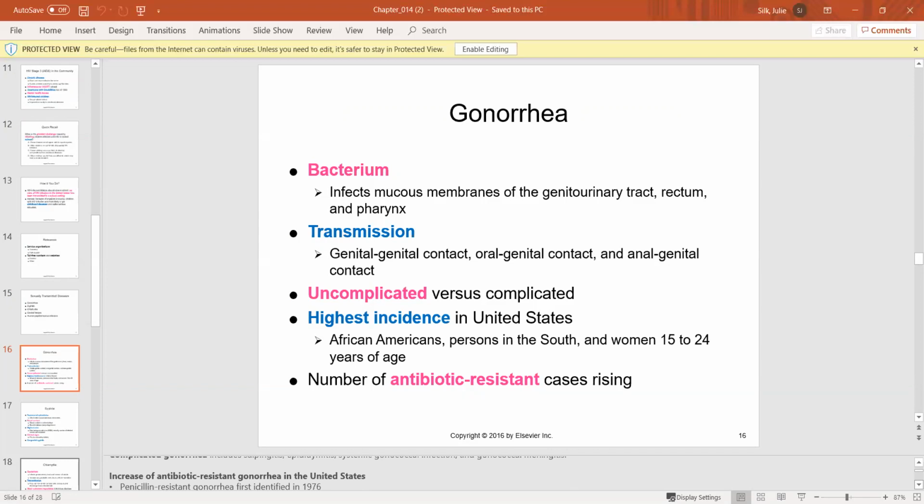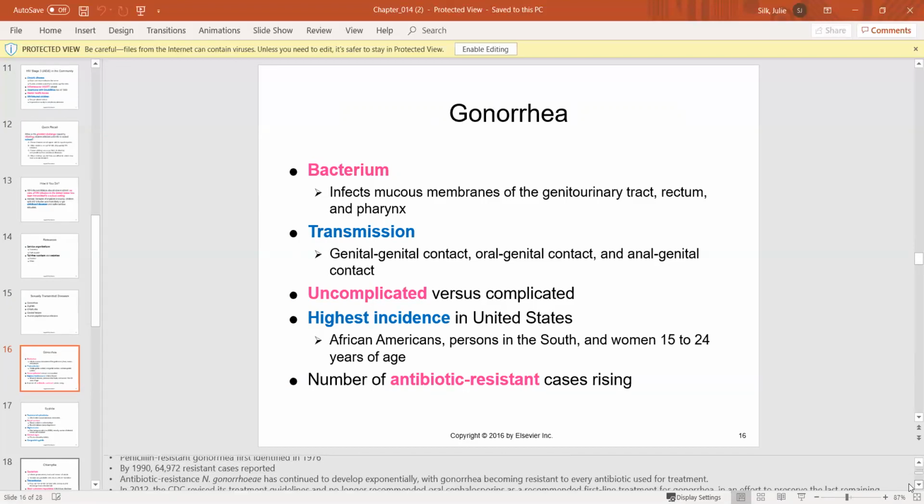There's also a number of antibiotic-resistant cases of this that are on the rise. They said there's a penicillin-resistant gonorrhea that was first identified in 1976. By 1990, 64,972 resistant cases were reported.